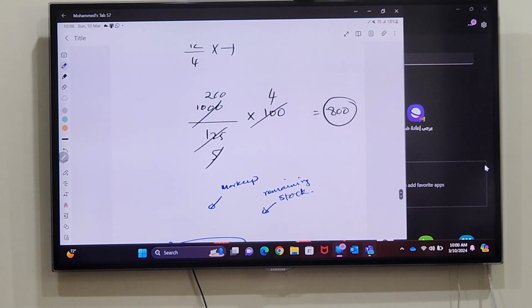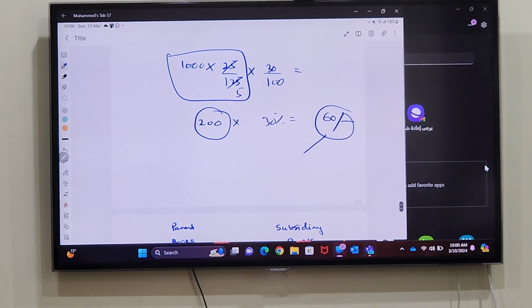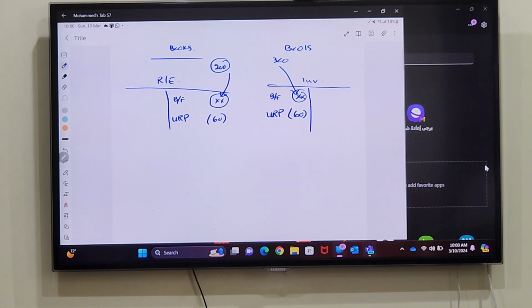So, in order to bring it down to cost, what should I do? I should eliminate the unrealized profit. So, what you do now? You remove 60 here and you remove 60 here. This we call unrealized profit. This we call unrealized profit. Remember, this is not a double entry because it is in two different sets of books.